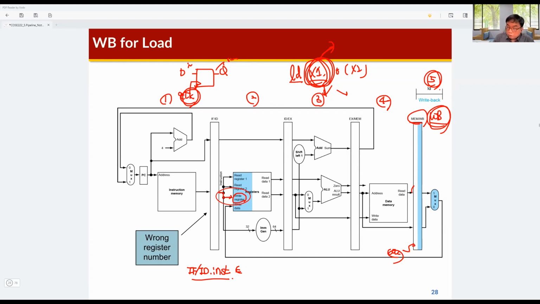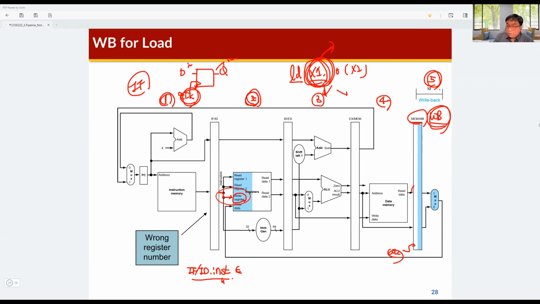At which clock timing? If we start the instruction fetch operation of the load instruction at clock cycle number 1, then the output from the instruction fetch and instruction decoding pipeline register is generated at the start of clock cycle number 2.